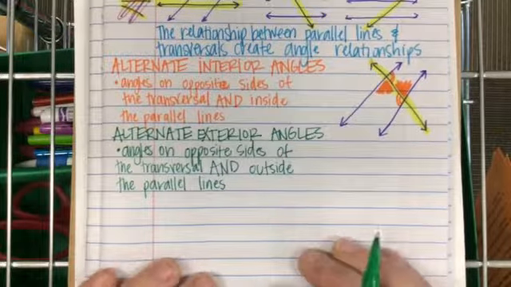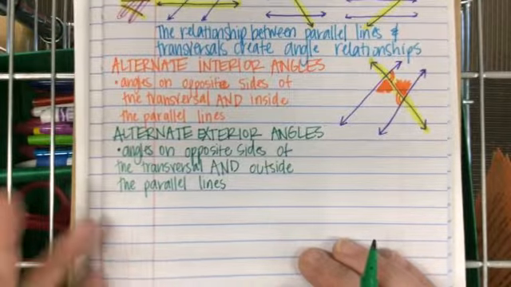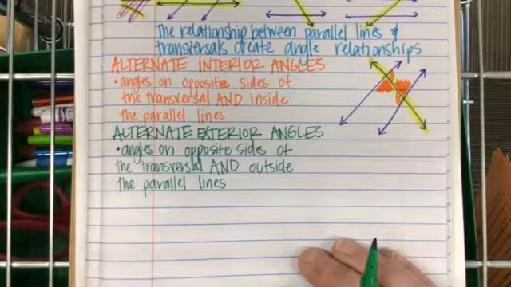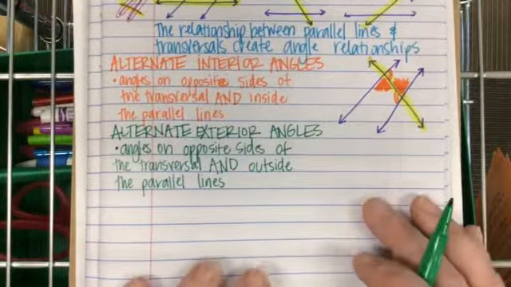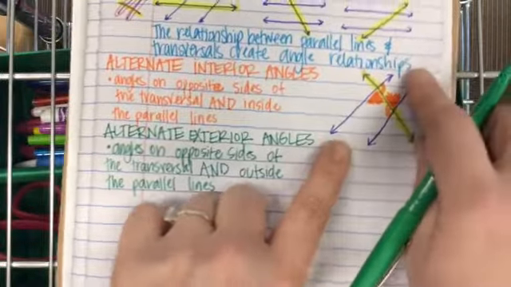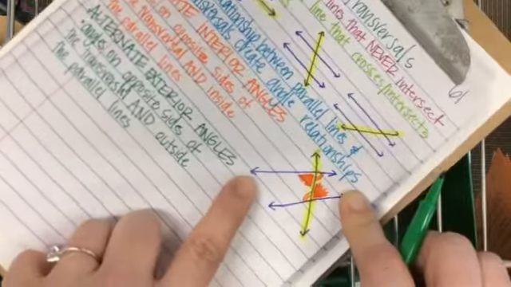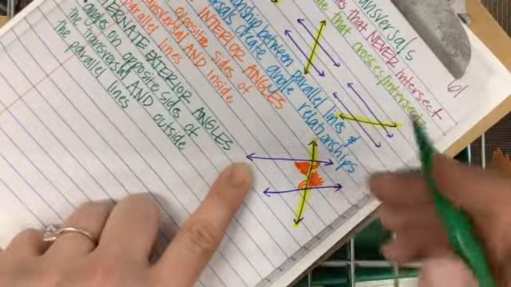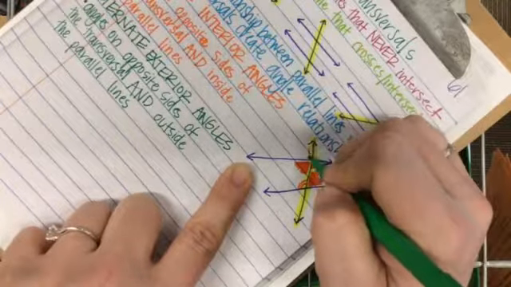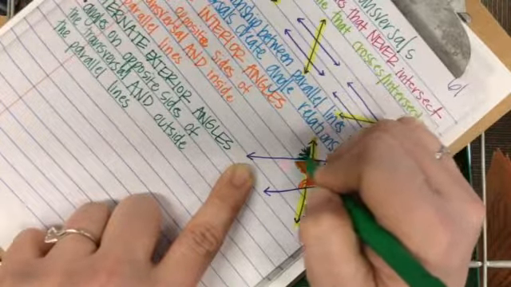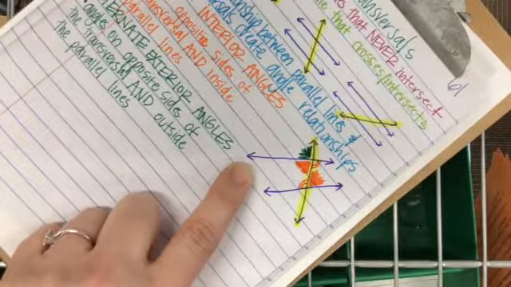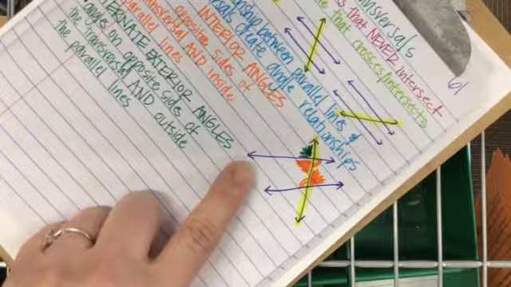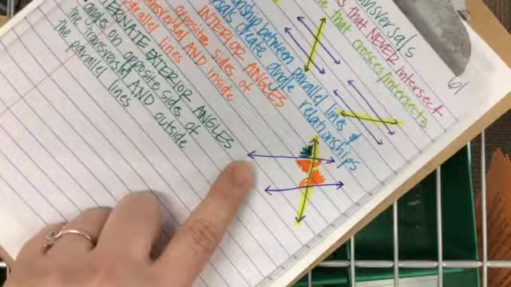An alternate exterior are angles on opposite sides of the transversal, but they're outside the parallel lines. So if I go back to this and I turn it horizontally, that might help. Well, if there's this one, where's its buddy? Where's its alternate exterior angle?